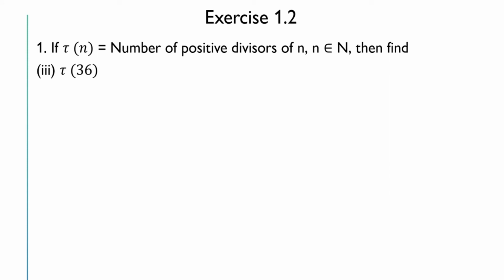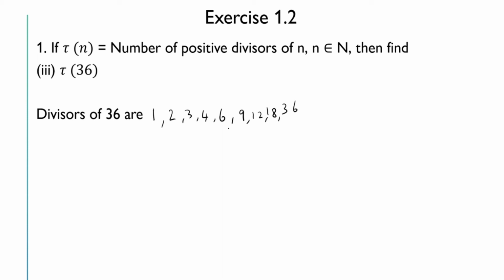The next one is tau of 36. That is, we have to find the number of positive divisors of 36. What are the various divisors of 36? We have 1 into 36, then 2 into 18, then 3 into 12, then 4 into 9, and 6 into 6.